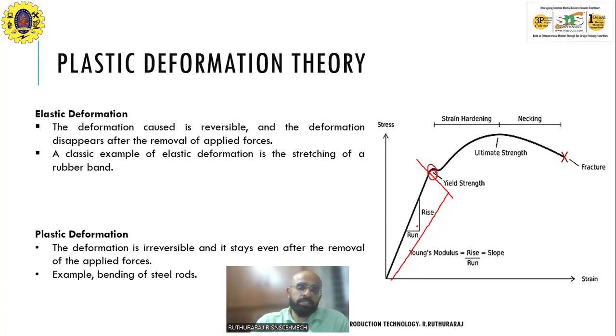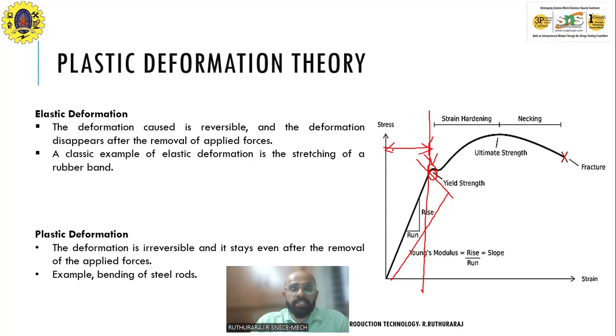Yielding starts to happen here. Yielding is nothing but giving away. From this yield point we can define the elastic and plastic deformation. Up to this point, you will have elastic deformation.